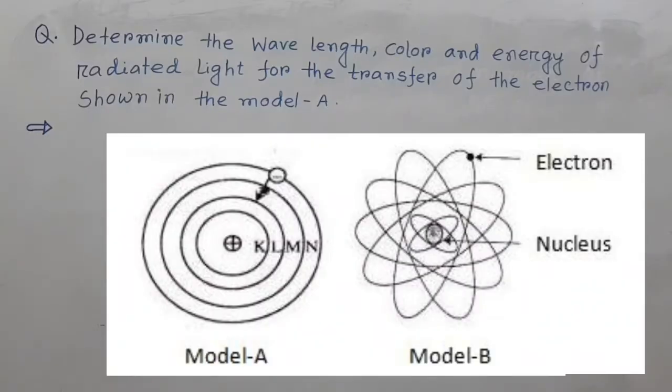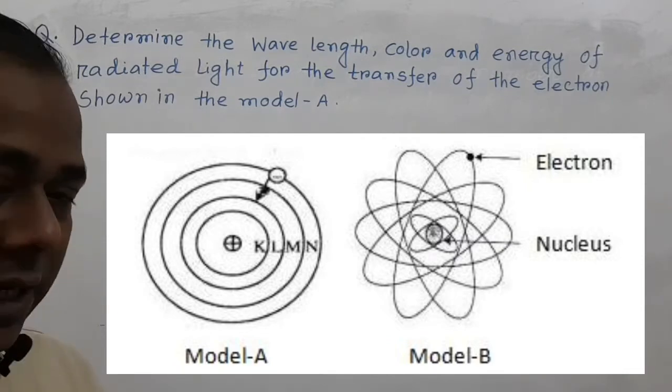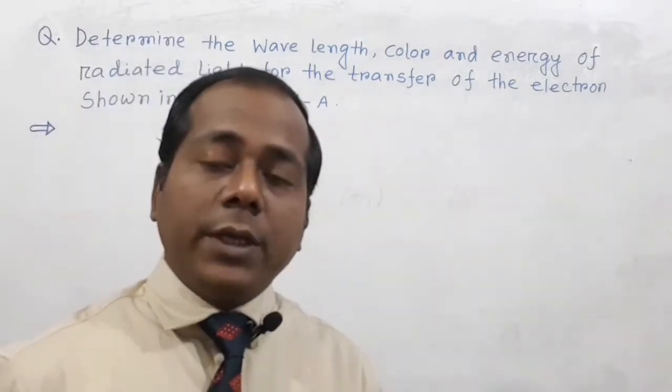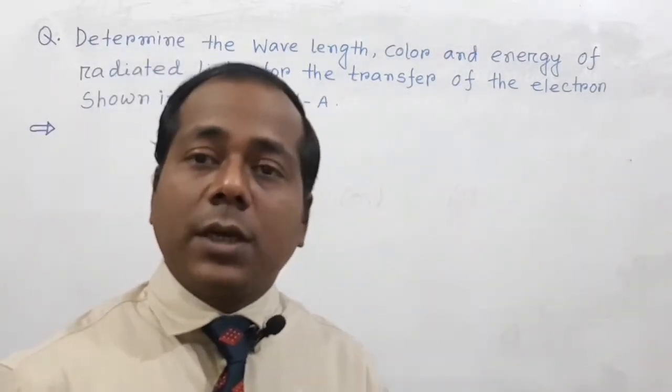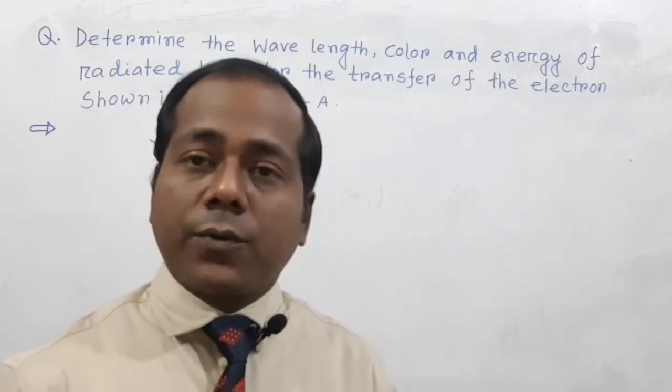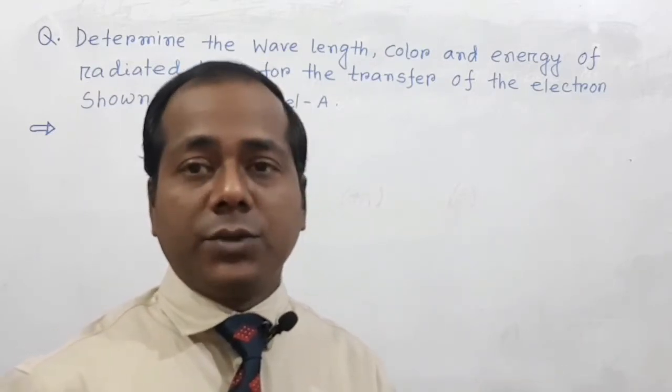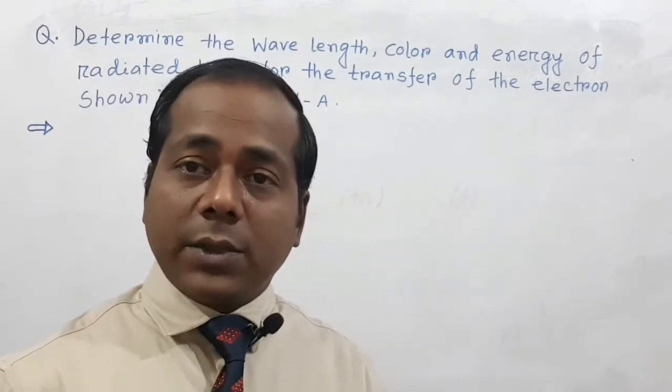My dear students, our next question is: determine the wavelength, color, and energy of radiated light for the transfer of the electron shown in model A. According to model A, the electron shifts from the fourth energy level to the second energy level.